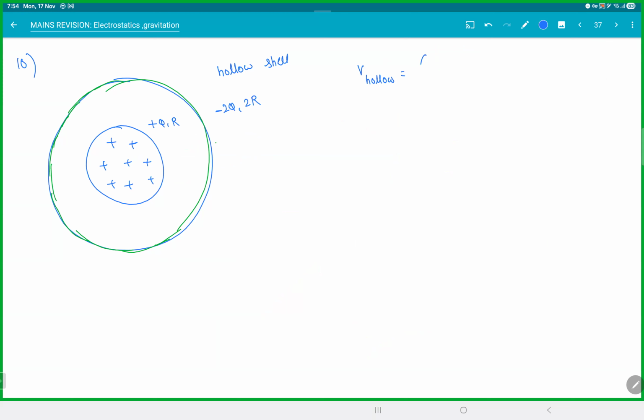So for V hollow, the potential inside will be minus k 2q by 2R, which is minus kq by R. This is for r less than 2R. Minus k 2q by small r for r greater than 2R.